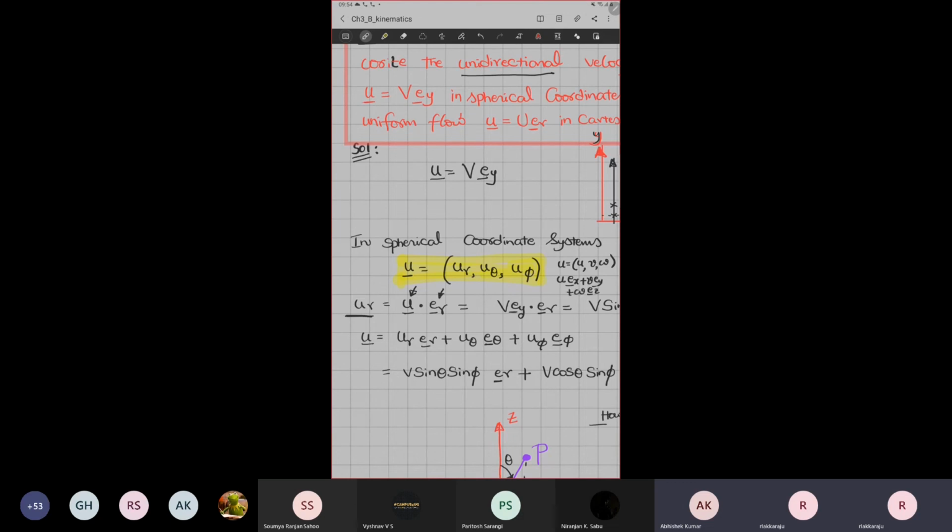This is the vector independent of whether spherical coordinates, cylindrical coordinates, or any other coordinates. If we take the inner product, we will get that particular component. Is this step clear, what we are trying to do?